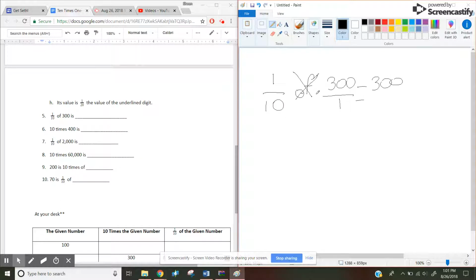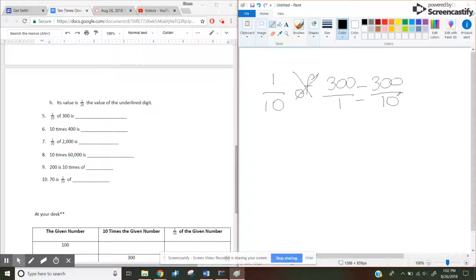Then again, I'm going to match it, so this one will also have a fraction symbol. Now we're going to do the denominator. 10 times 1 is 10. Now I'm going to divide 300 divided by 10.